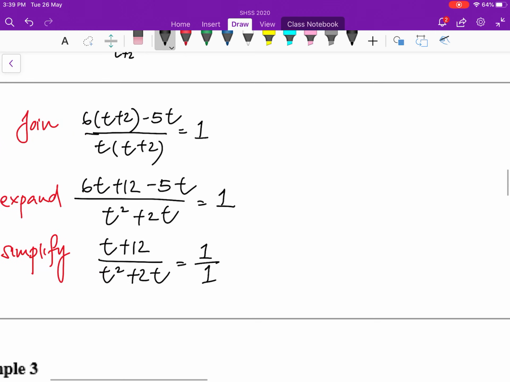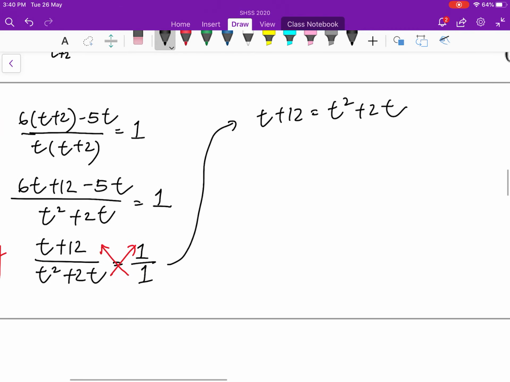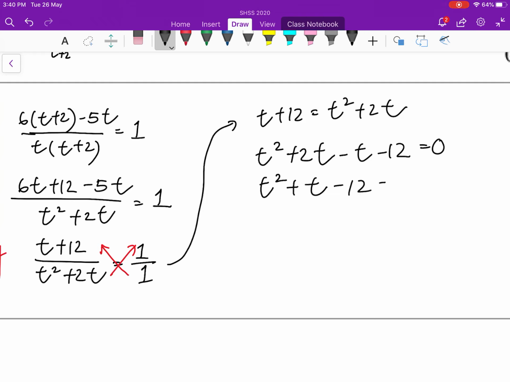Now from here, fraction equals to fraction, cross multiply. Then you get t plus 12 equals to t squared plus 2t. Everything bring over, you get t squared plus 2t minus t minus 12 equals to 0. Simplify: t squared plus t minus 12 equals to 0.